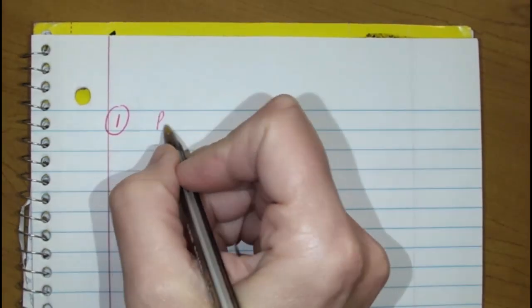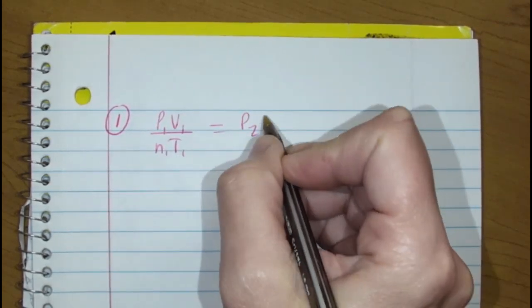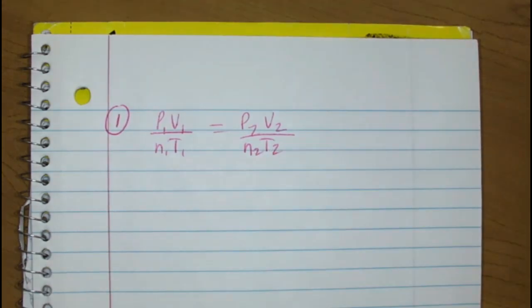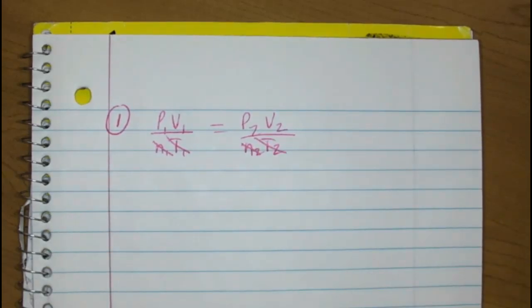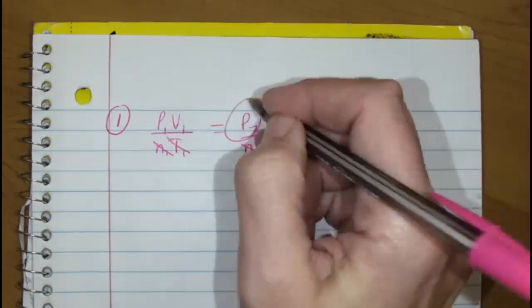So we're going to use the P1 V1 over N1 T1 equals P2 V2 over N2 T2. And since everything is the same as far as number of moles and temperature goes, those go away. So we're left with P1 V1 equals P2 V2. And so we're solving for the final pressure, or P2.